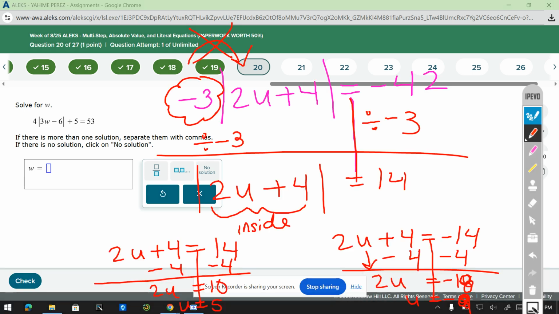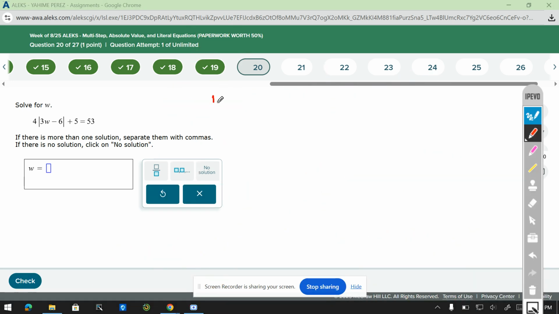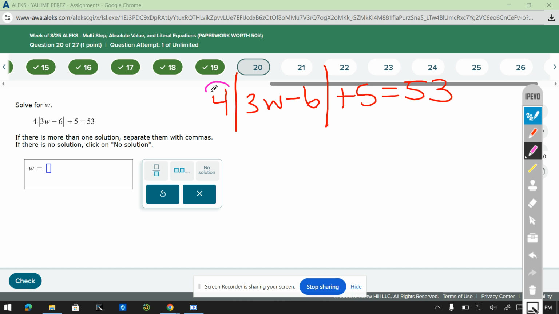Okay, same process. Before we do anything with an absolute value equation, we do have to get rid of what's outside of the absolute value bars. So here we have 4 and plus 5. So if this were like two-step, right, we would get rid of this plus 5 first.